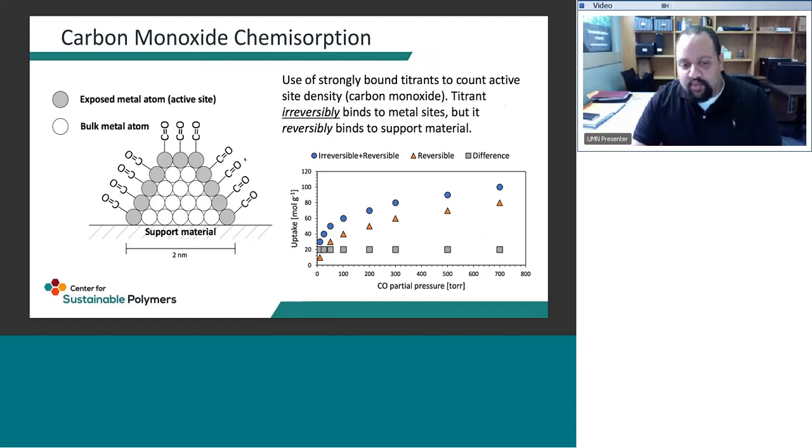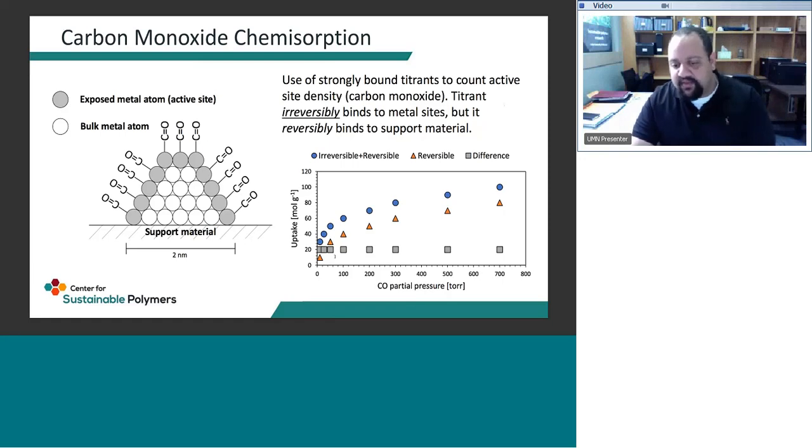But back to carbon monoxide chemisorption, what we can do is dose in known amounts of carbon monoxide, and as you'll see in the figure on the right, you'll get an uptake curve or an isotherm. However, there the carbon monoxide is sticking to both your metal and your support material, but on your metal it is strongly binding. So you can then remove the carbon monoxide that was just physisorbed, and repeat the same isotherm.